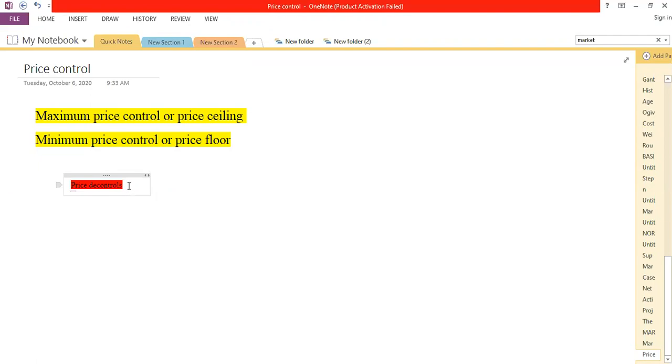So price decontrol is a form of transition in which that price for a commodity which was set by the government and of course regulated by the government is now left free. To be liberal means to be free. Is left free to be regulated and also to be set by the market forces of demand and supply. So we are going back to where we started this morning, the concept of equilibrium for a commodity in the market, where price was actually determined by the market forces for both demand and also supply.